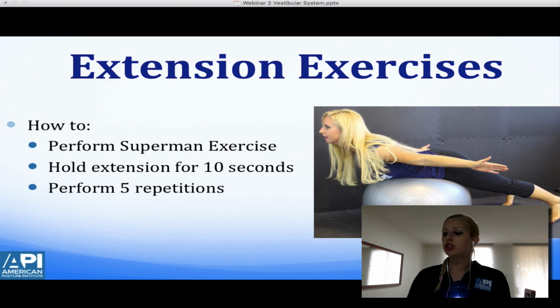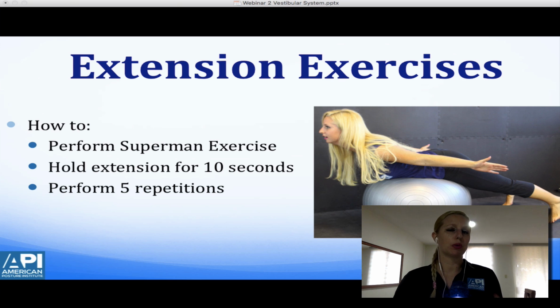They're laying there waiting for you, and as they're doing that, you can instruct them or have your assistant instruct them to be doing Superman exercises to stimulate the vestibular system, to stimulate extension before having their treatment applied, okay? So that's going to prime the vestibular system, it's going to stimulate extension, and then you're going to come in and do your treatment plan for that day for that patient. So that's a way that the patient can get that done even before the treatment is applied while laying down waiting. So we want to keep them engaged while in the office.